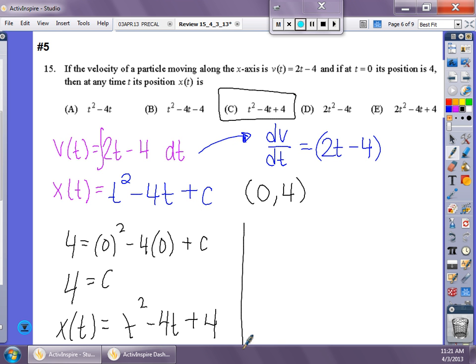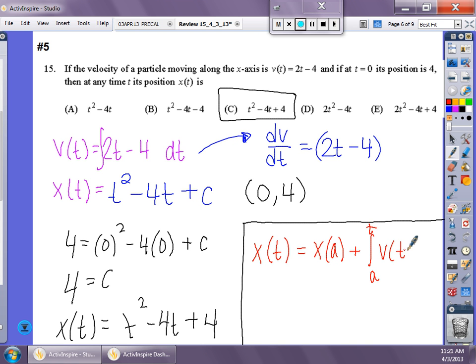You actually learned how to do this differently before. x of t equals x sub a plus the integral from a to t of velocity. Remember, we always said if you integrate, you need an initial value to start. This is the other answer that could have been given, but you would know that they want that answer because there'd be integrals everywhere.